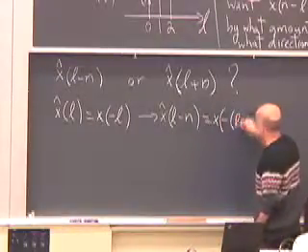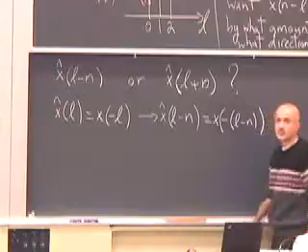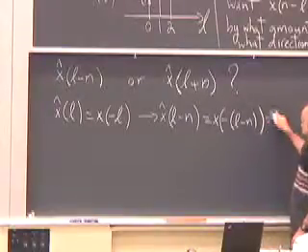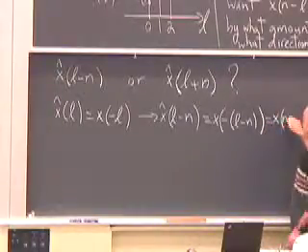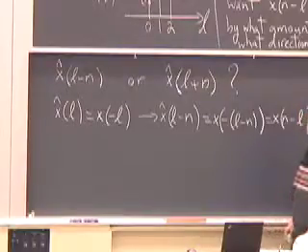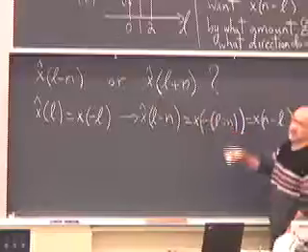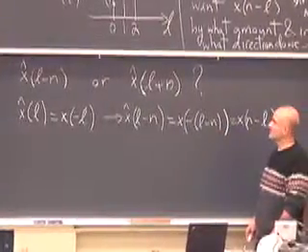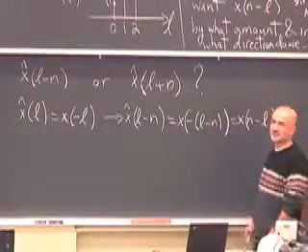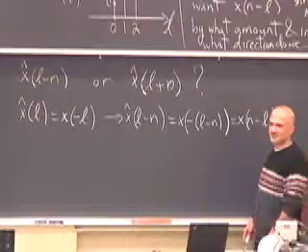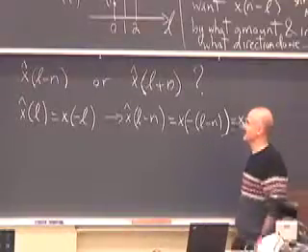Minus L minus n. What do you get? X of n minus L. Let's take another poll. Who says the first one? Who says the second one? He's just trying to be a contrarian.